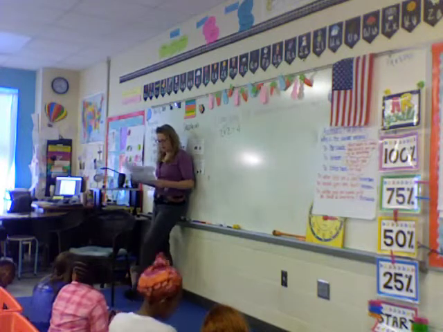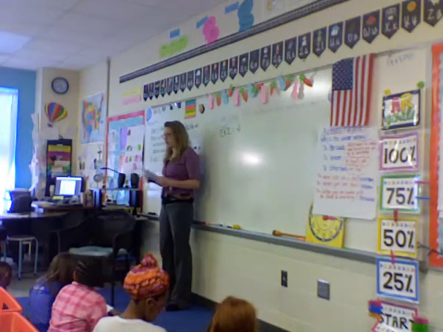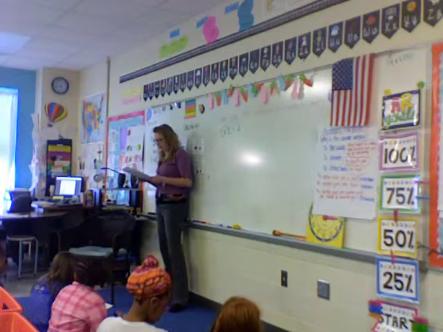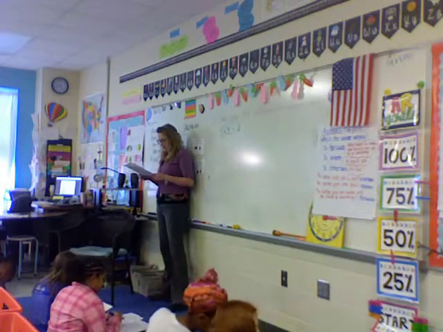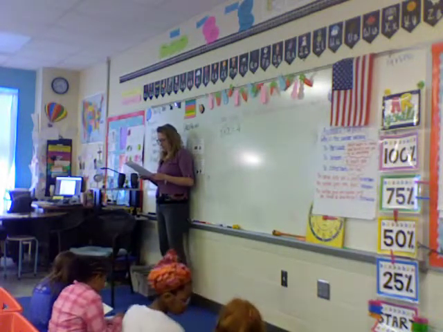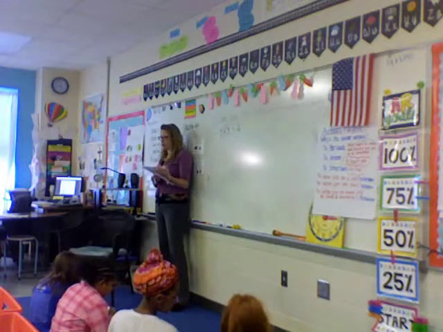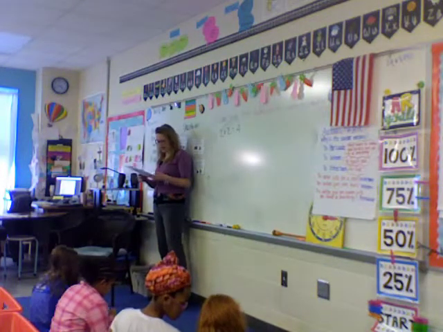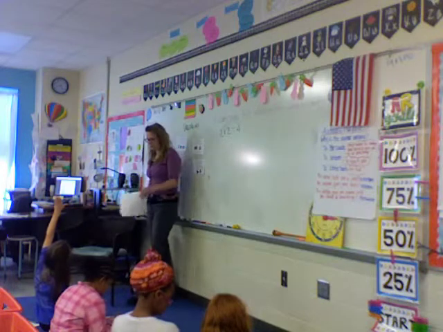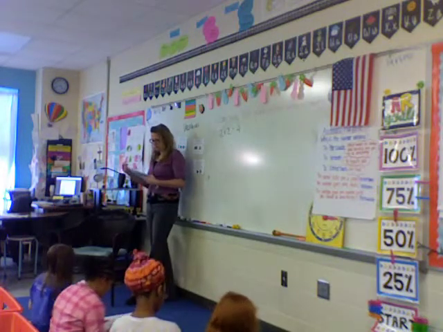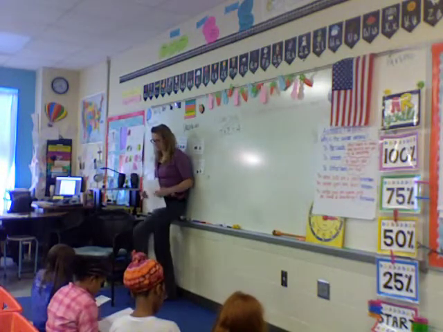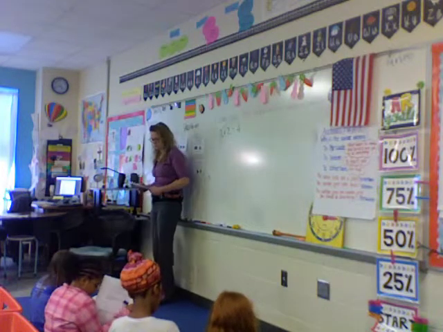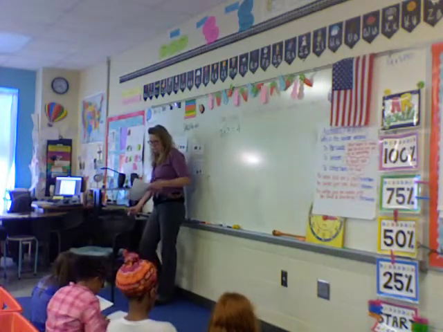Okay, so we have read the problem, we have read the information that they have given us. What do we need to do first in order to solve this problem? Does anybody have any ideas? Yes, ma'am. Break apart the 7s into 5 and 2.